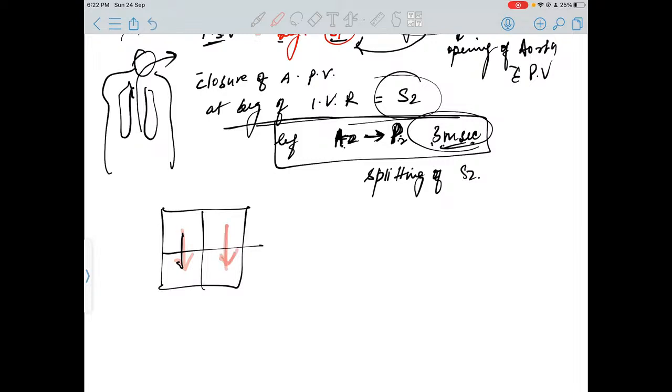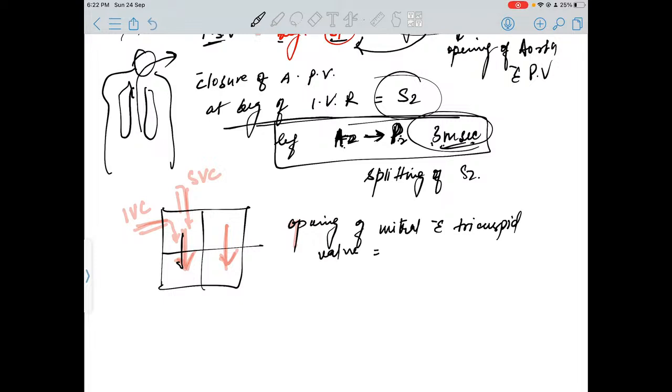There's a free flow of blood from atria to ventricle because of the inferior vena cava and superior vena cava, and because of the relaxed position of the heart, the opening of the mitral and tricuspid valve, there's an opening snap. So mitral and tricuspid open at the end of the isovolumetric relaxation.